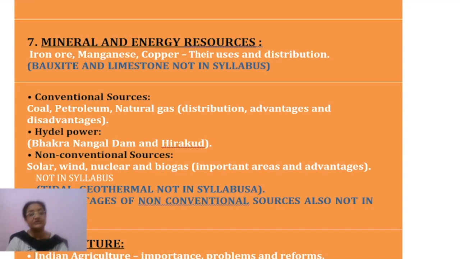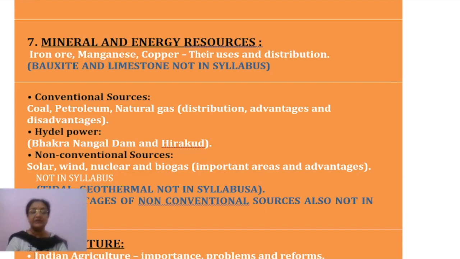Then non-conventional sources: solar, wind, nuclear and biogas. These all are there. That means we have to study the important areas where the maximum use of these sources of energy can be found: solar energy, wind energy, nuclear energy and biogas.